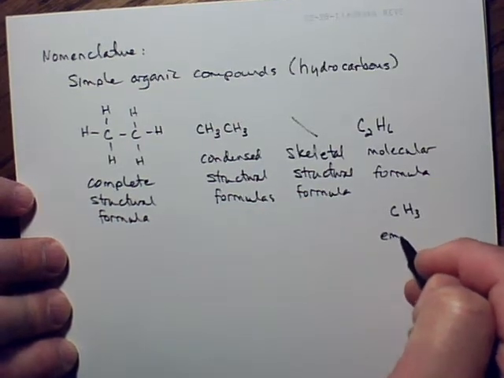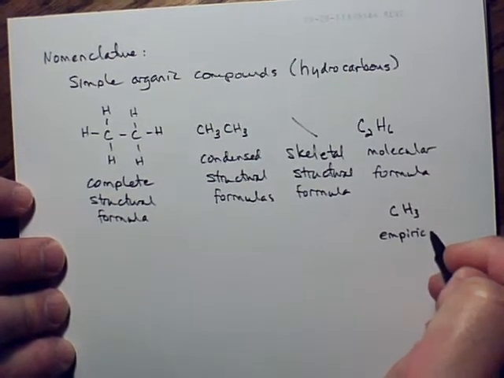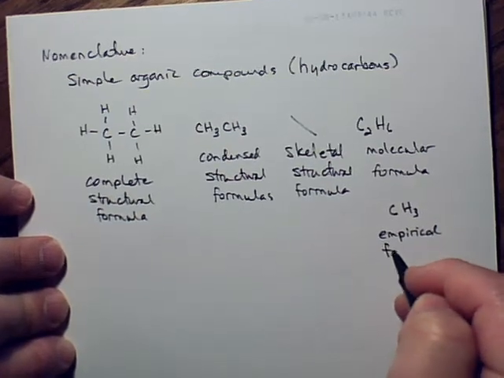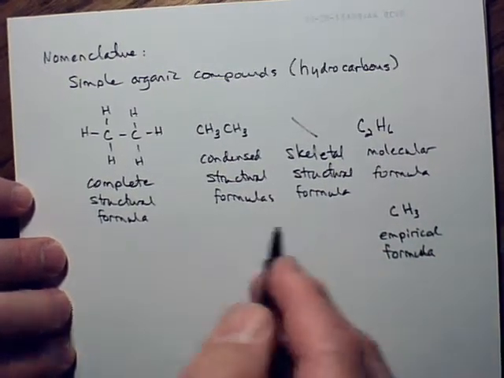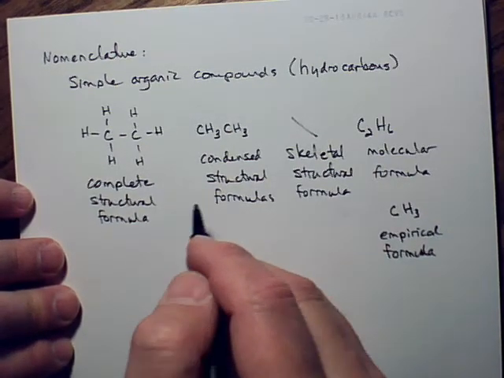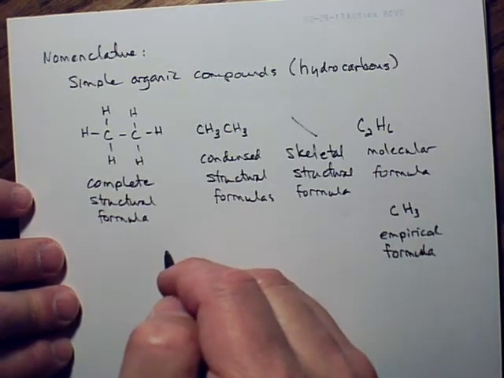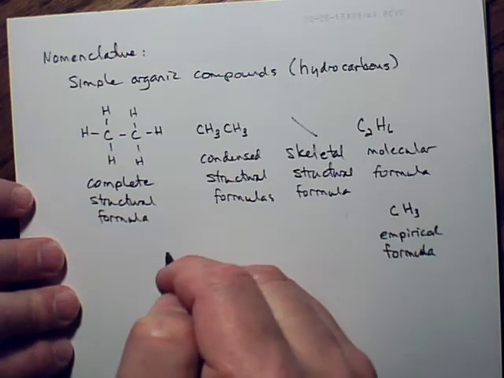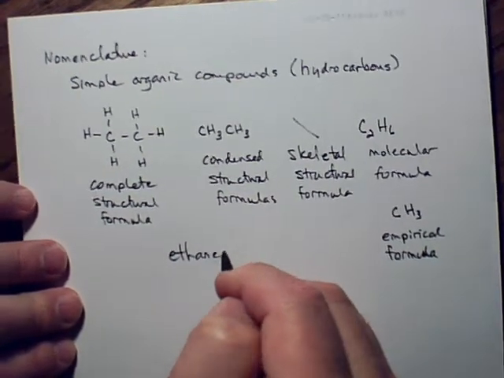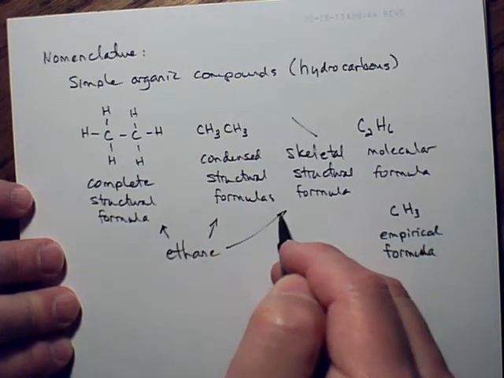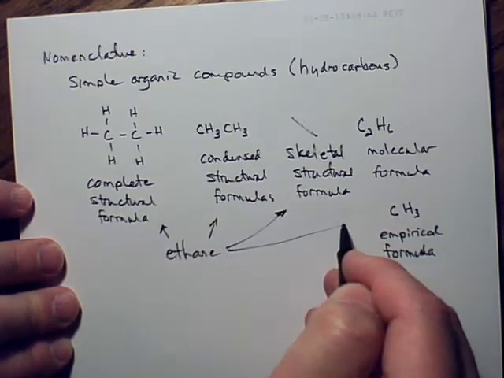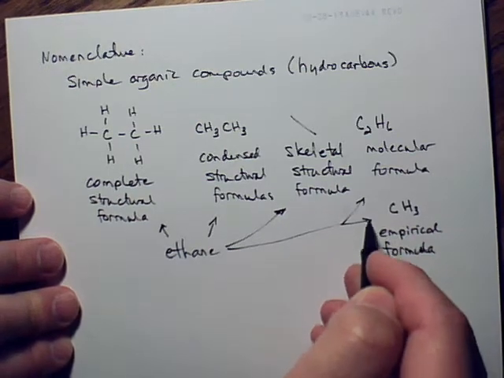This is an empirical formula. All of these formulas here are for the compound that we learned to name, ethane. All these are ethane, just different ways of writing formulas for ethane.